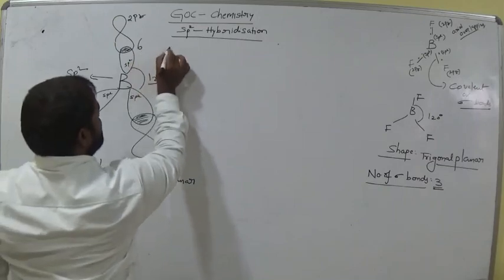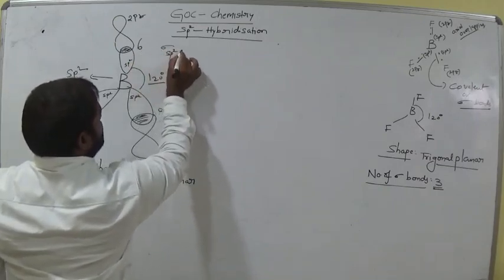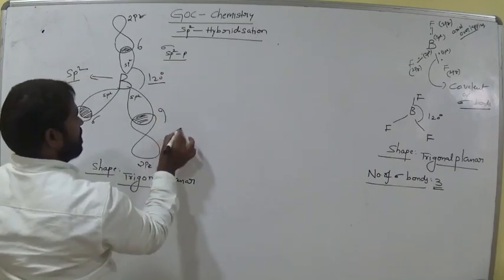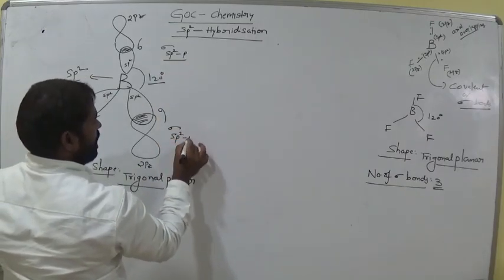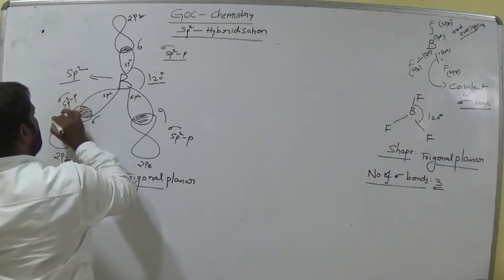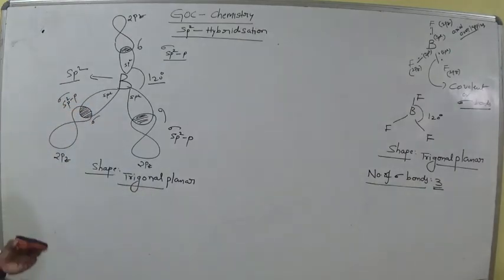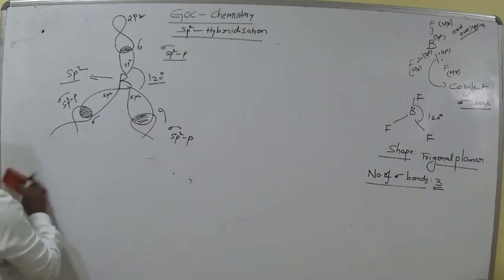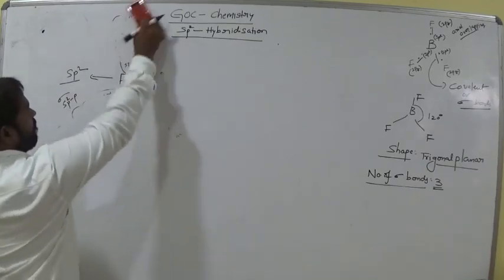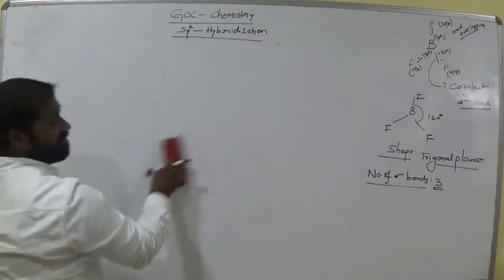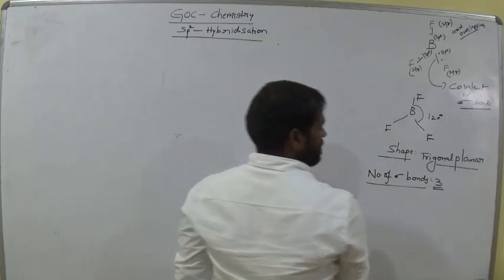Simply we can represent sigma sp2 to p like this. Here also sigma sp2 to p. We can represent it like this. What is the hybridization? Same, boron trichloride also like this.